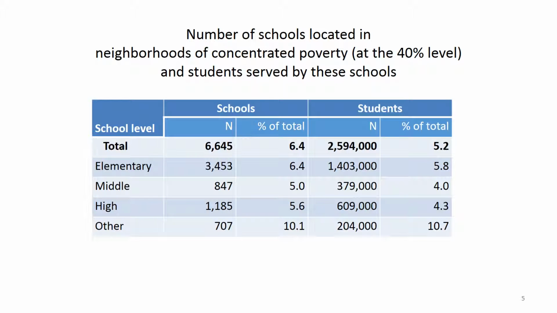All right, so how many schools are actually physically located in neighborhoods of concentrated poverty, and how many students are served by these schools? We found that about 6,600 schools nationwide were physically located in a neighborhood where at least 40% of the population was poor, and that this represented about 6% of all schools.